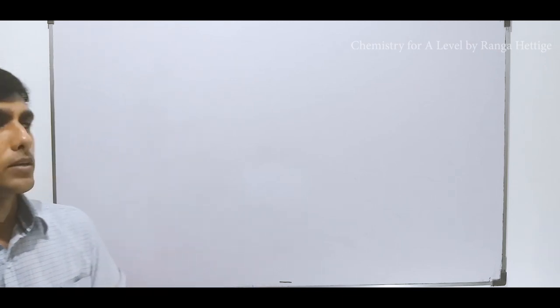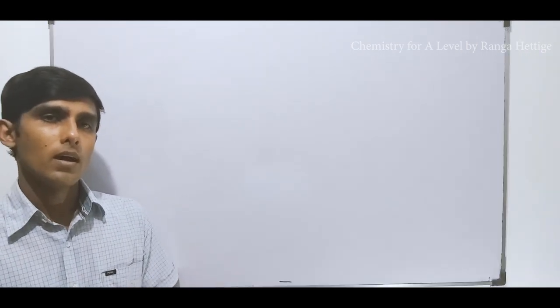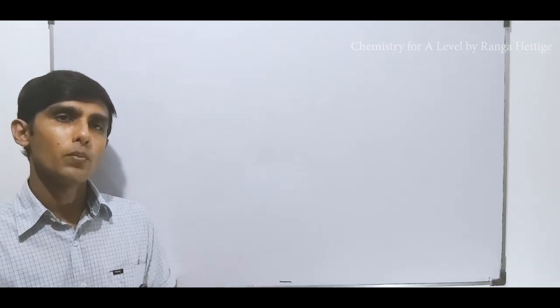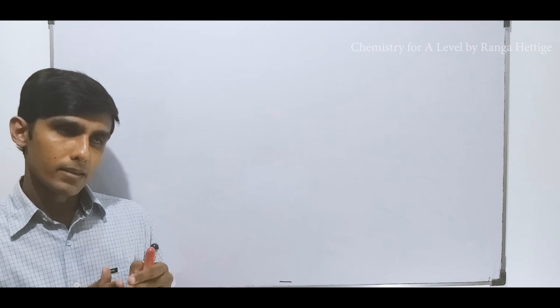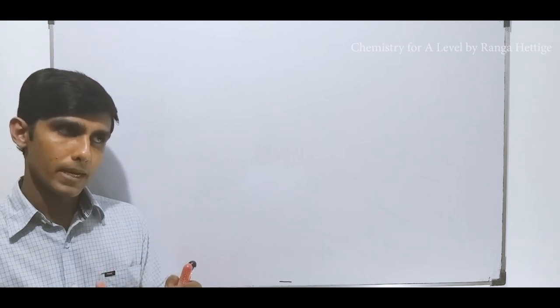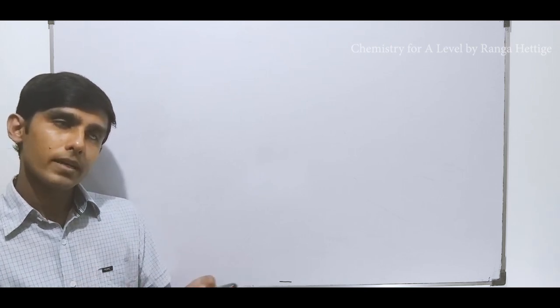So far we have understood that electrons in atoms occupy atomic orbitals. That means electrons are arranged in main energy levels. Those energy levels are further divided into sub-energy levels. A sub-energy level is a collection of one or more atomic orbitals.